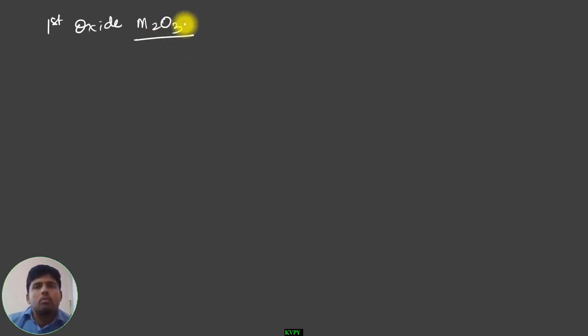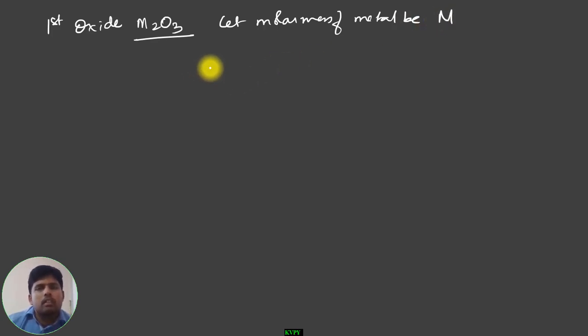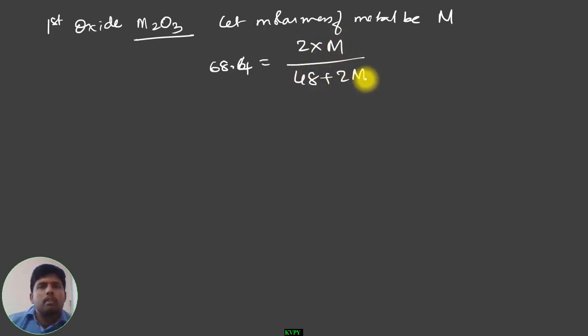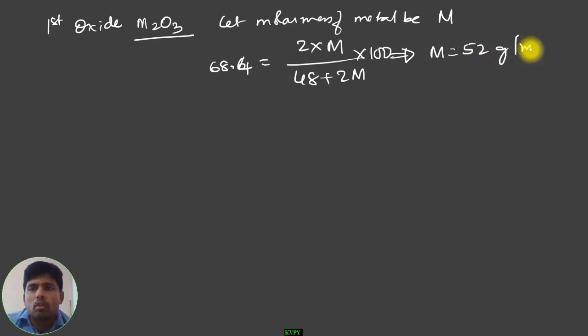Let the molar mass of the metal be M. Then 68.4, which is the percentage of metal, is equal to 2 into M divided by 48 plus 2M. On solving this, we get M is equal to almost 52 gram per mole.